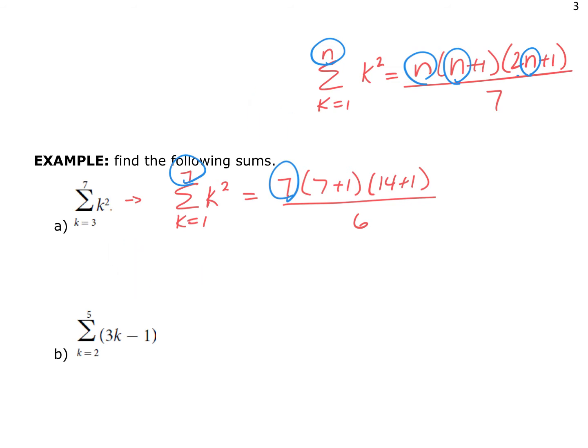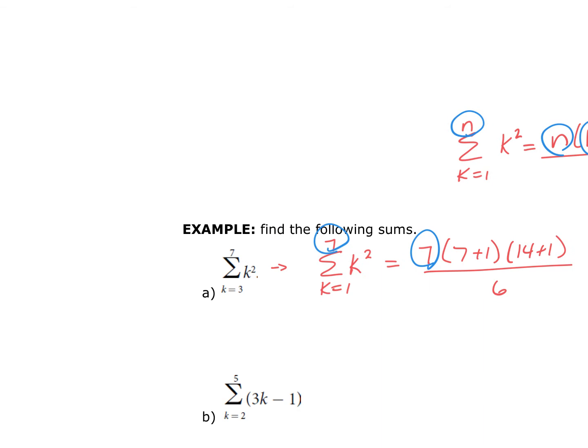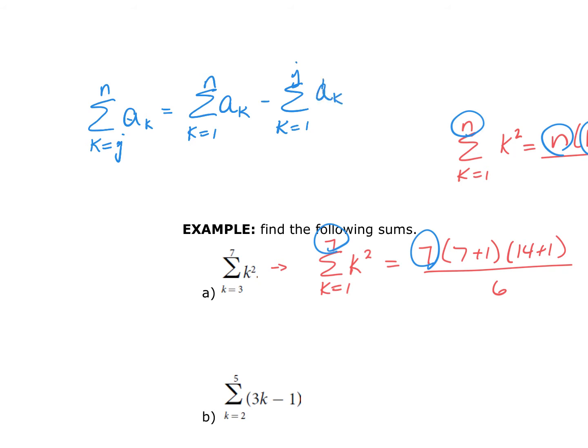To make that adjustment, we have this rule that says the summation of k equals j to n of a sub k is going to be the summation of k equals 1 to n of a sub k minus the summation of k equals 1 to j of a sub k.